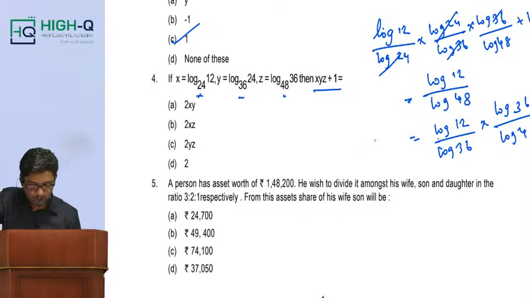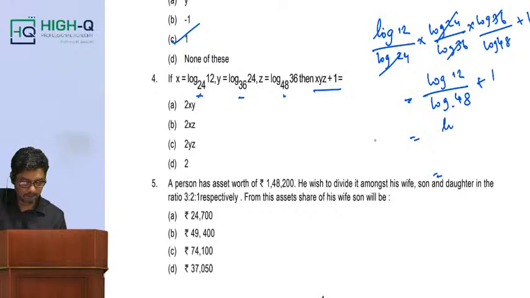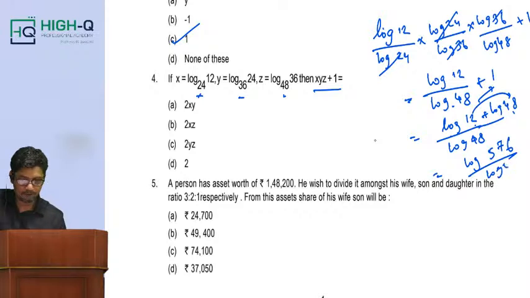Fine. Now log 12 by log 36. I'm multiplying and dividing by log 36. So this can be done as, wait, I think in this confusion I'm making some mistake. Actually, I missed plus 1. So what exactly will come? Log 12 by log 48. If I take LCM, plus log 48. So log 12 plus log 48, which is nothing but log 12 into 48, 576, divided by log 48.